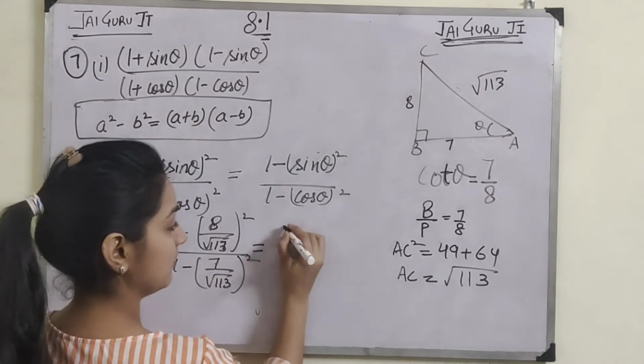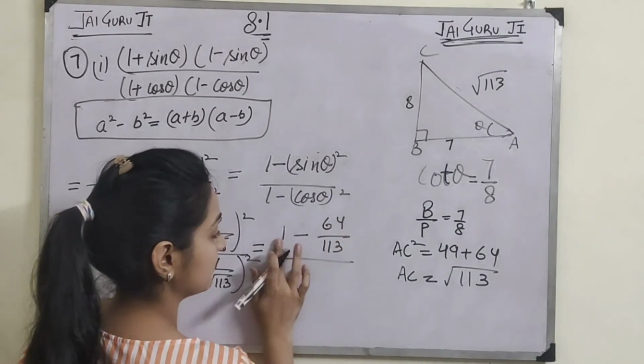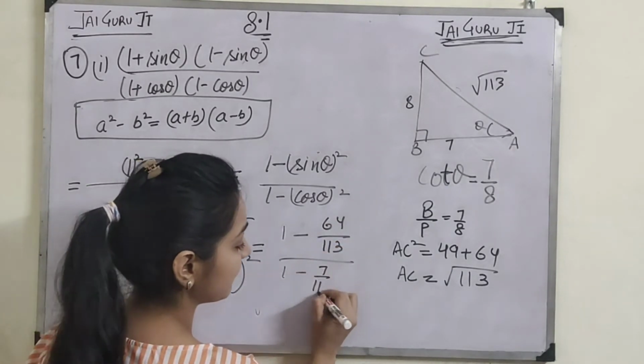Now 1 minus 64 upon 113, and 1 minus 49 upon 113.